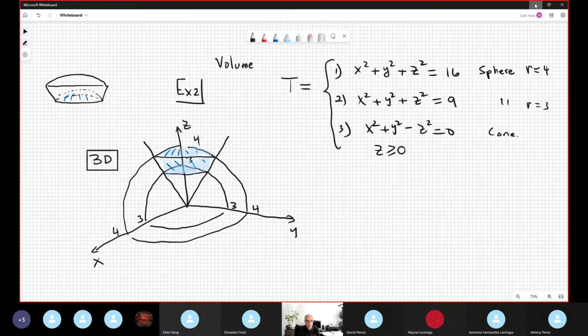Okay, there you go. Two spheres and cone. Cone.